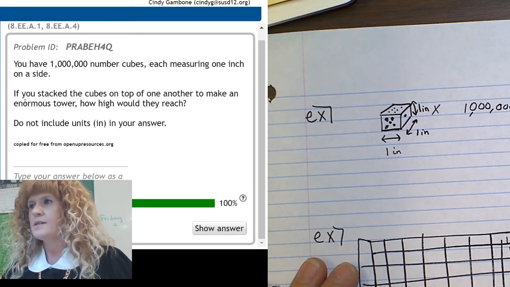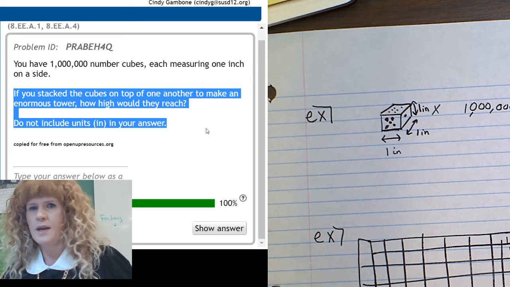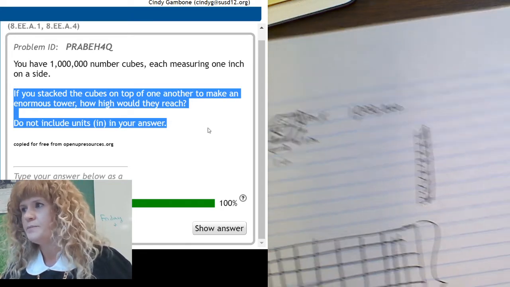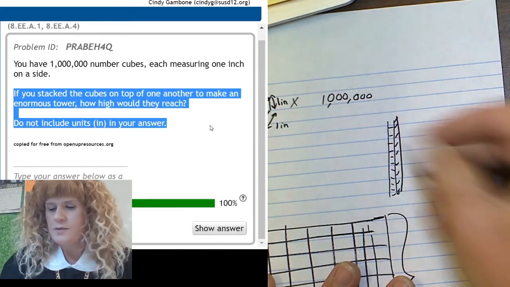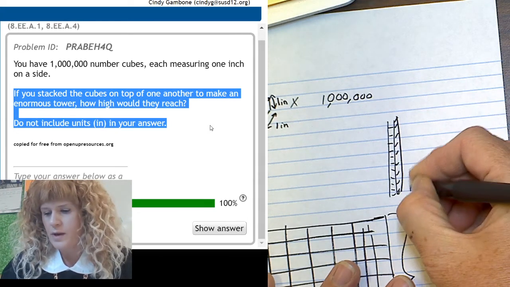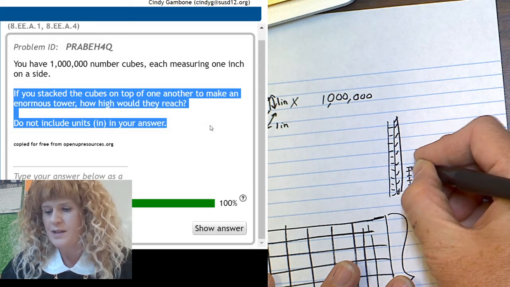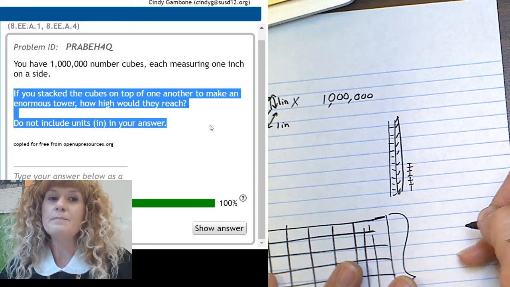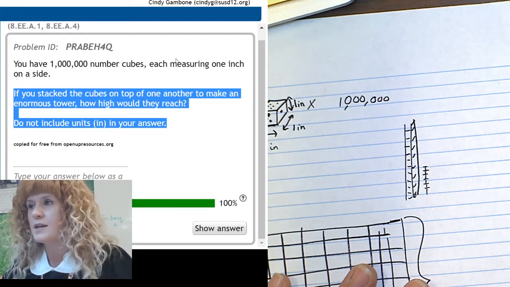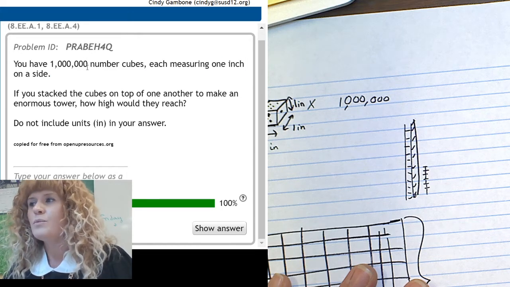The question asks you, if you stacked the cubes on top of one another to make an enormous tower, how high would they reach? So I drew this little diagram, and it's 1 inch by 1 inch by 1 inch. Each one is 1 inch, but there are 1 million of them, just like the problem says. So how tall would it be?